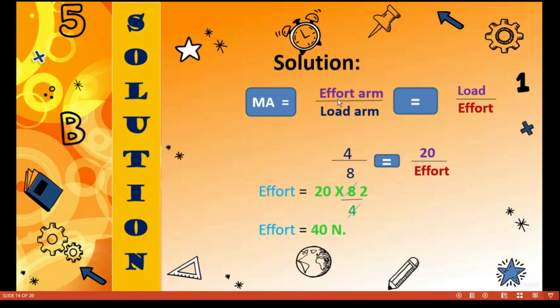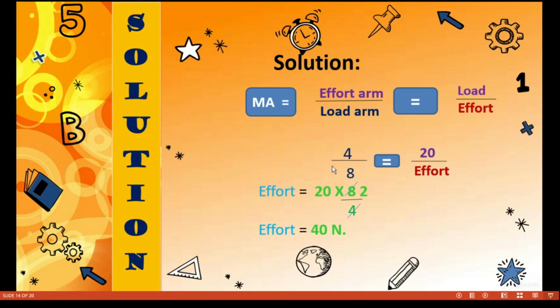So from this given data, we are going to substitute the values straight away in the above formula. The value of the effort arm is 4 meters and the value of the load arm is 8 meters.